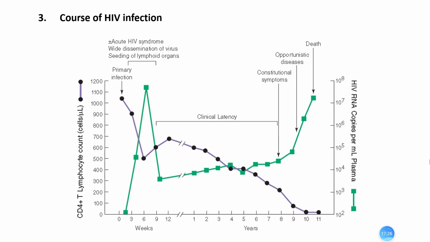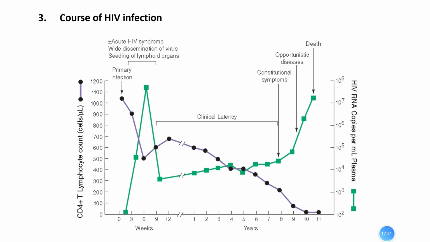The first part is just weeks. So that's a short time after exposure, from time 0 exposure till 12 weeks after infection. Then the time scale is years, year 1 to year 11. So this is the time scale.